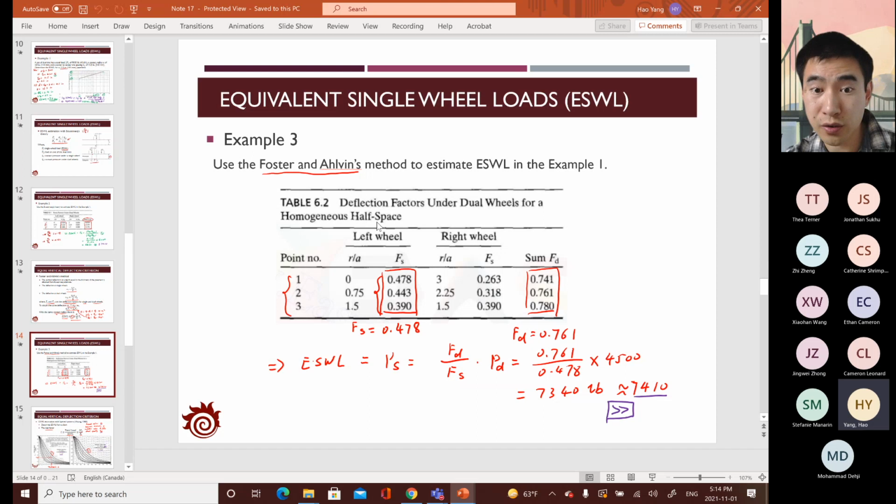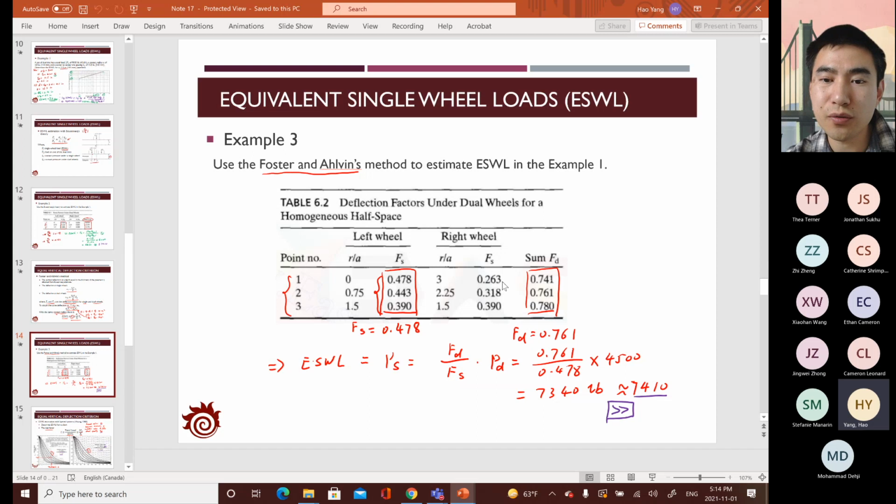Similarly, you can find the deflection factor for the single tire for the left wheel and right wheel. For the deflection factor of the dual tire, you need to add the deflection factors of these two tires together. For example, for point 1, FS is 0.478 for the left wheel and 0.263 for the right wheel.